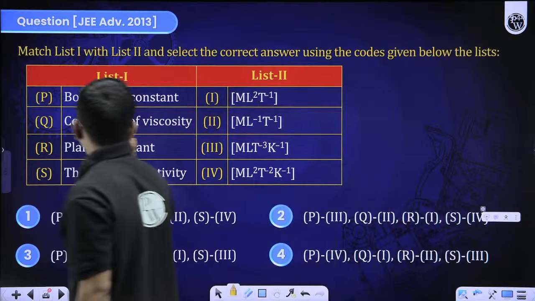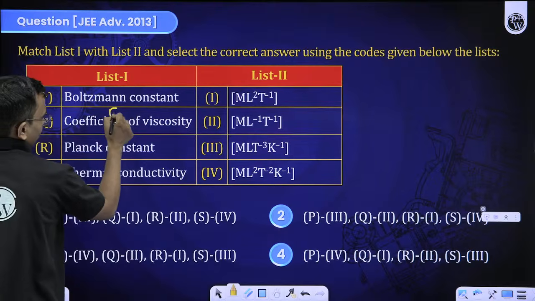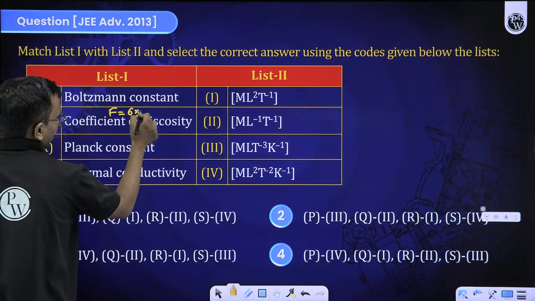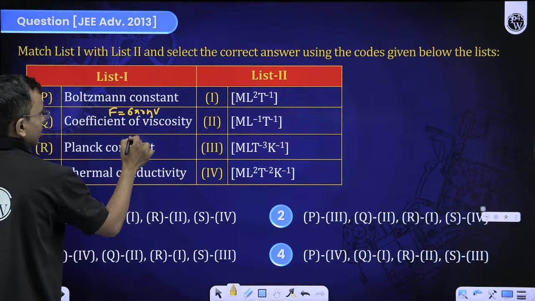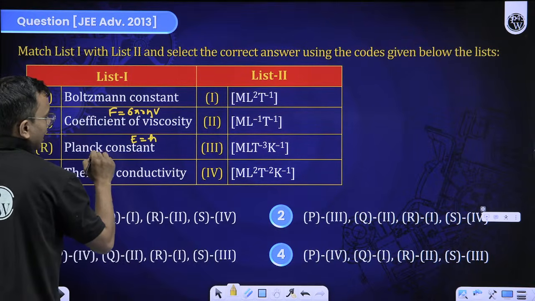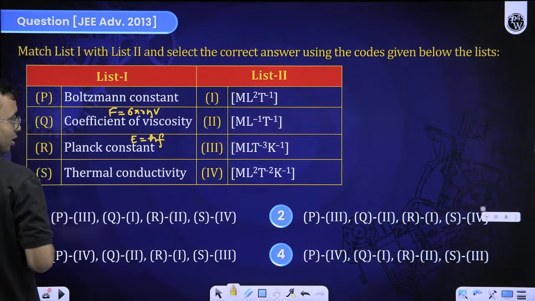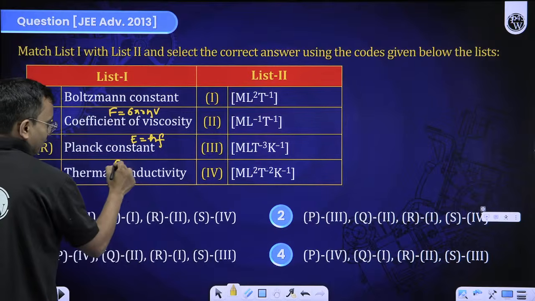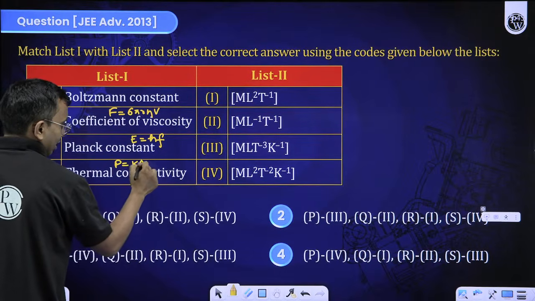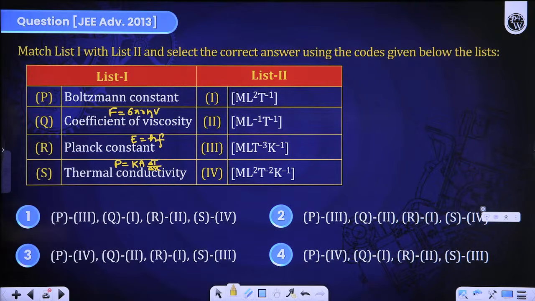I'm giving you the formulas here. Coefficient of viscosity: force is equal to 6 pi r eta v. Planck's constant: energy is equal to Planck's constant h into frequency, and frequency you can write as 1 by time, and then you can solve. Thermal conductivity: power is equal to K A into delta T by delta X, where K is the thermal conductivity.